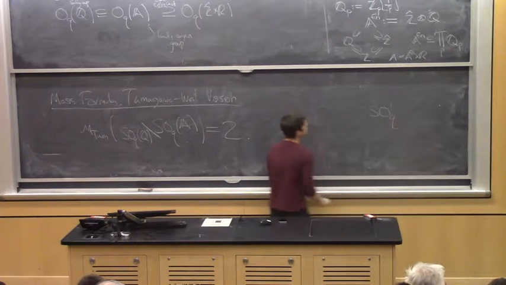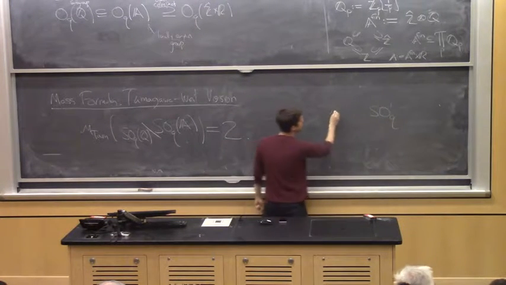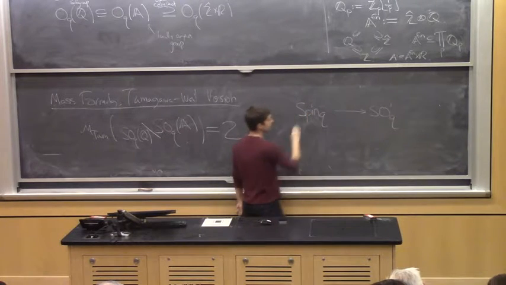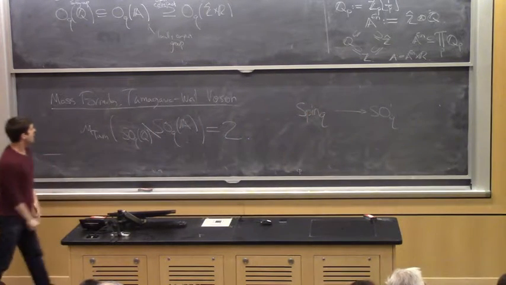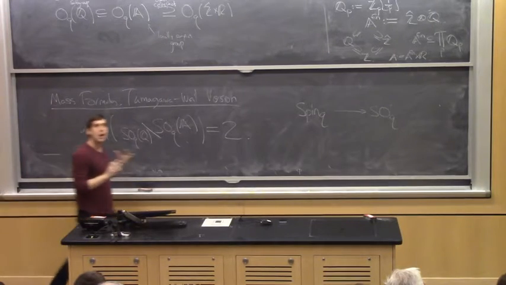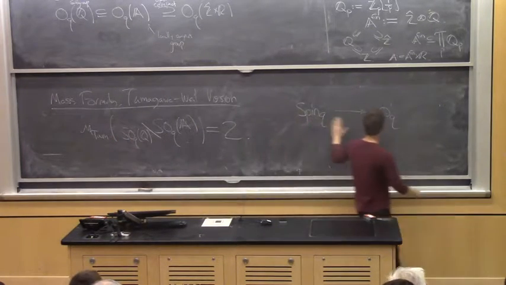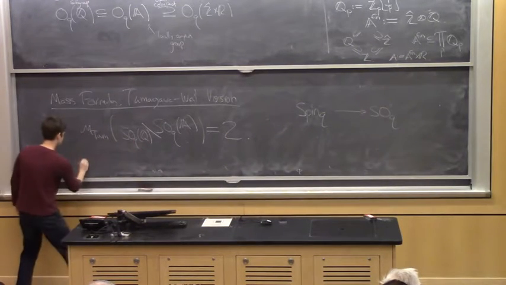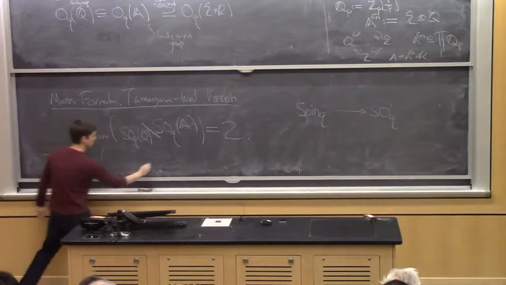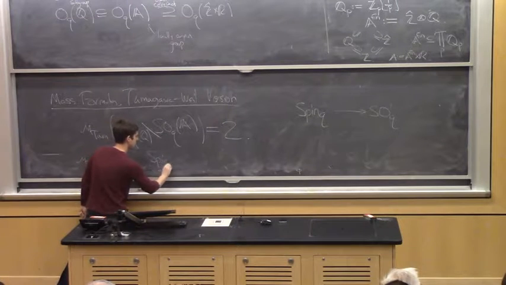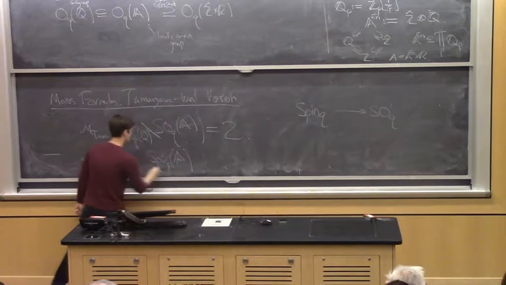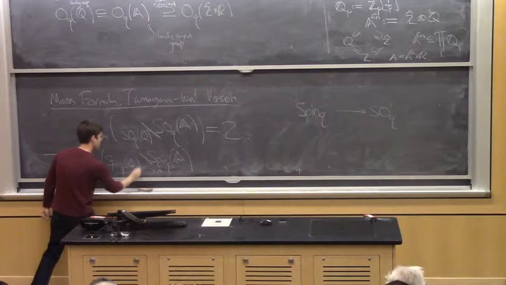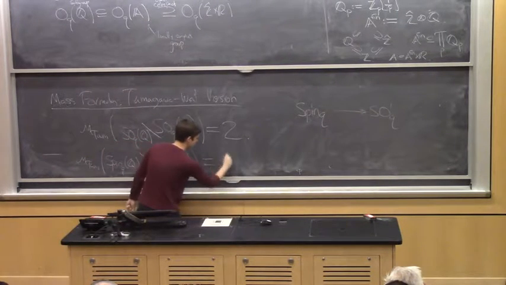The special orthogonal group associated to the quadratic form Q actually has a double cover, which is called the spin group associated to the quadratic form Q. And the construction of Tamagawa measure makes perfect sense for the spin group as well as the special orthogonal. So you can also contemplate the Tamagawa measure of Spin_Q of the adeles modulo Spin_Q of the rational numbers. And if you were to do that, you would actually get 1.